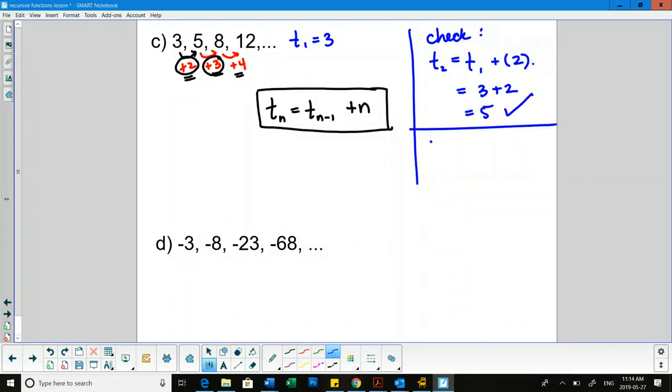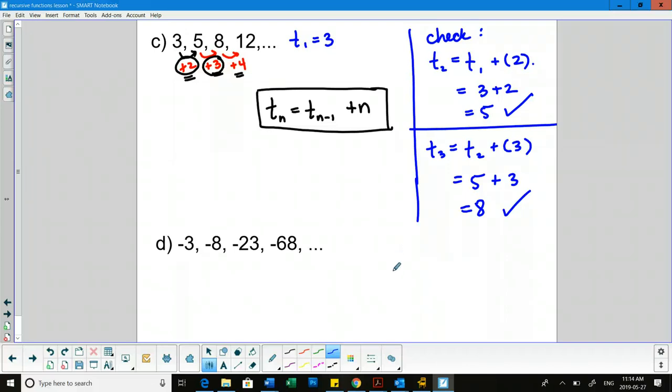And if I check it for term 3, my formula is saying take term 2 and add the term number I'm trying to find. And 5 plus 3 equals 8. So I think we're good. Always look out for how your addition is connected to the term value and also the term number. Good job.